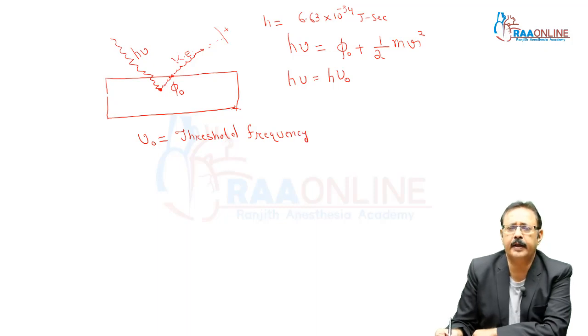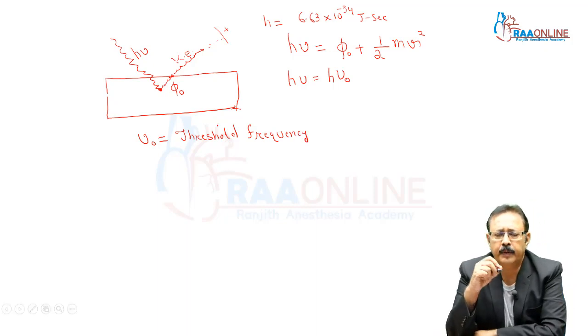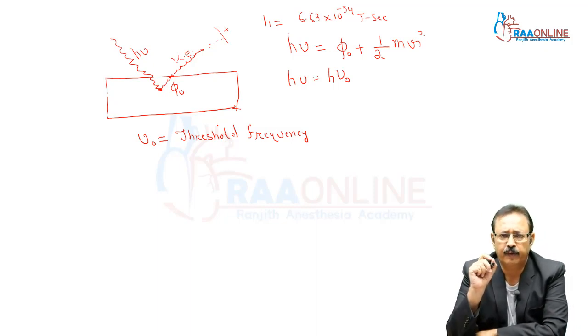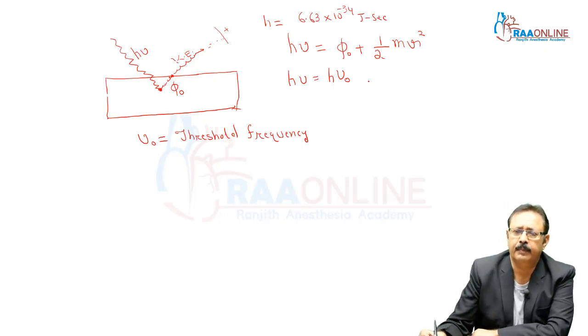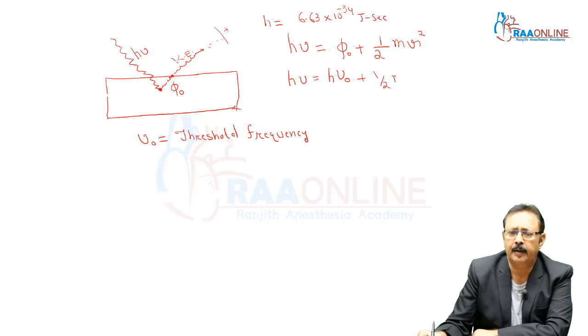It means the minimum frequency which can eject electrons from the surface, plus half m v square. You can write it in this way also: h into nu minus nu naught. It is known as Einstein's equation of photoelectric effect.